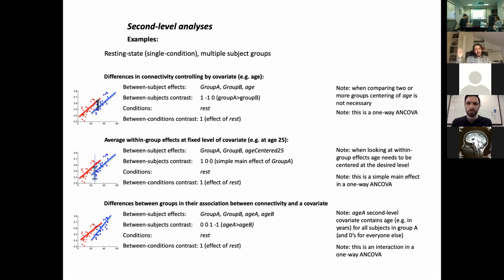If you have reason to expect that your subjects move more in one group than the other, then you definitely need to enter it. If you don't expect that to be different because there is no a priori reason to expect more motion, and you actually don't see that difference in motion in your subjects, then you don't have any good reason.